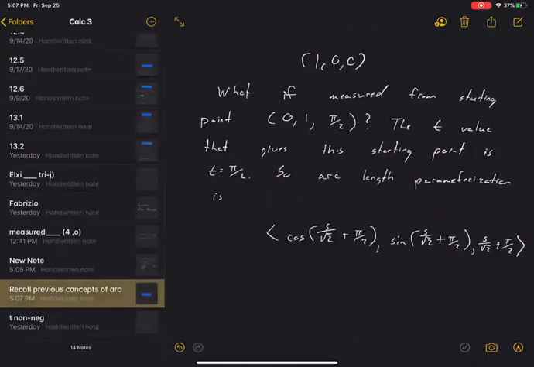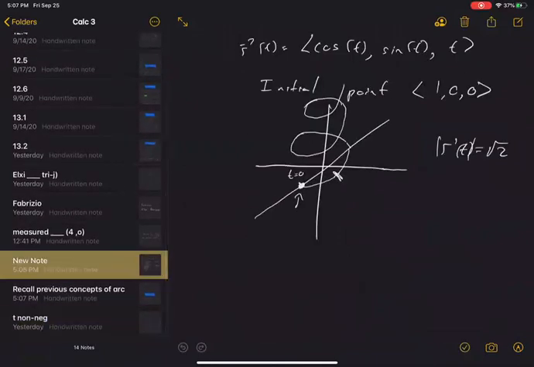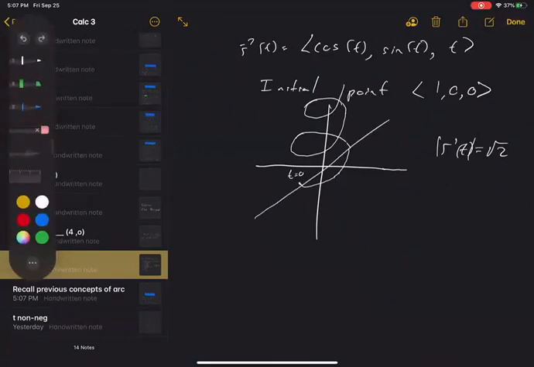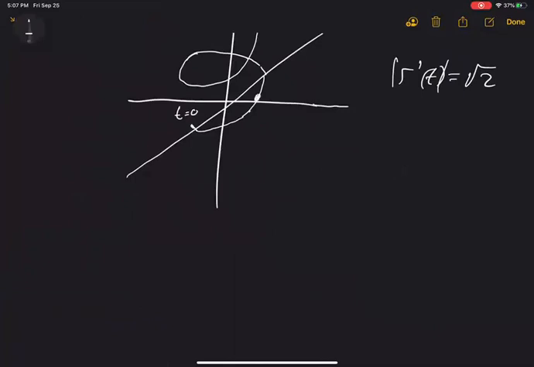Going back to our picture, instead of measuring from that point there, maybe I'm measuring from this point here, which is 0, 1, pi over 2.